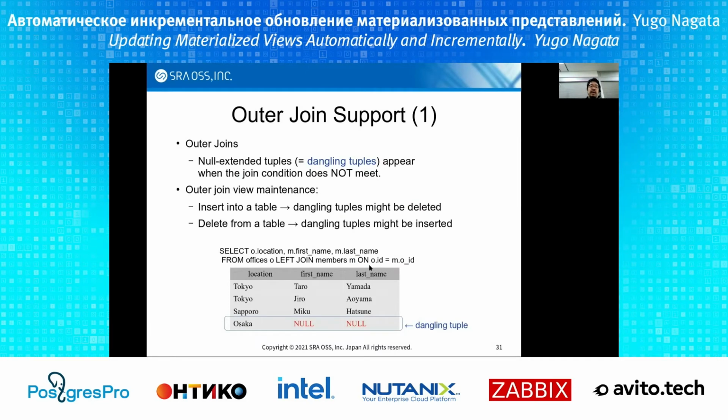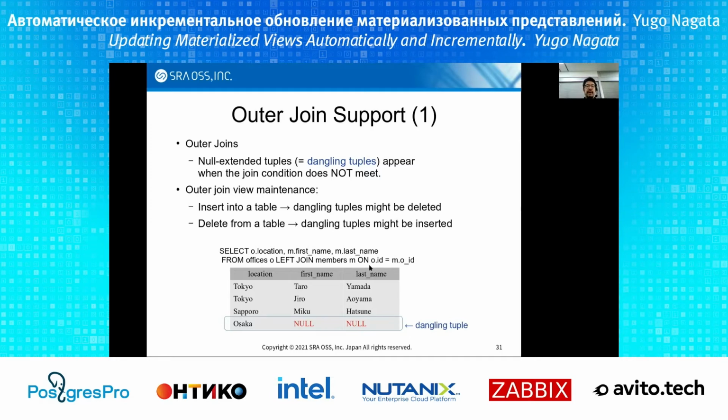Next, I would like to explain outer join support. In outer join views, there are null extended tuples. They are called dangling tuples. These appear when the join condition is not met.